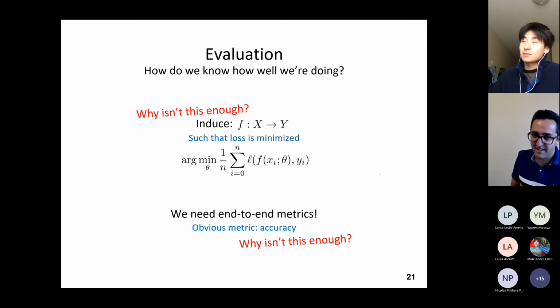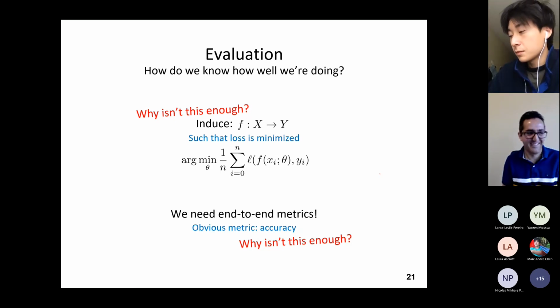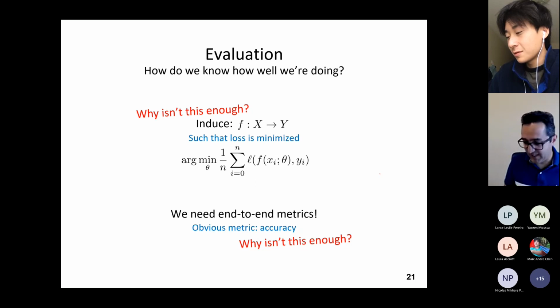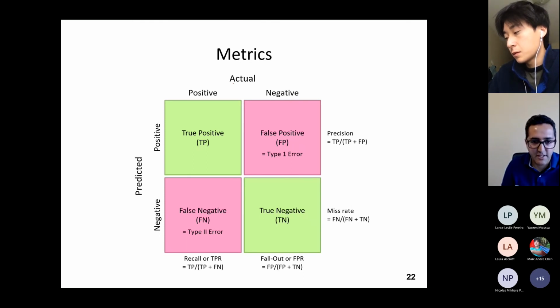So I can claim that I have accurately found all of the spam emails. My accuracy is 100%, no? So it's more complicated than that, and that's why we have different metrics and not just a single metric, okay? This is really interesting, and it will be useful later in your work, in your final project.